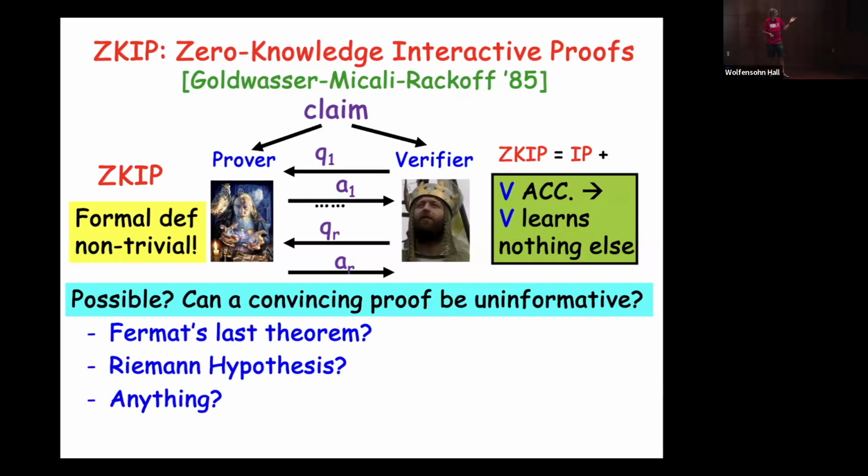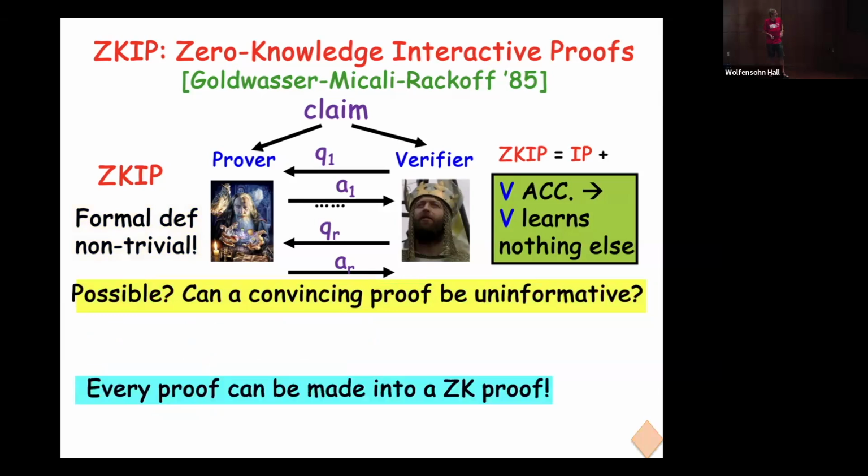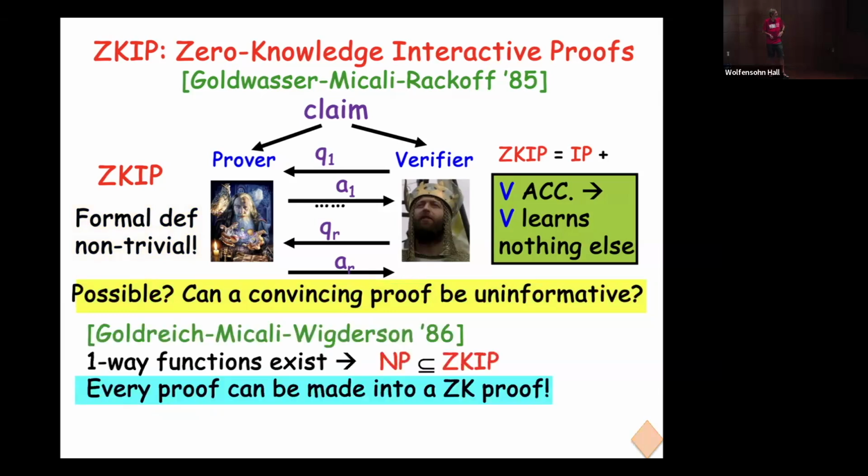Well, which theorems can be proven in zero knowledge? That's what they ask. They give a couple of number theoretic examples, and they ask what else can be proven in zero knowledge. And what we did a year later with Goldreich and Micali proved that everything is provable in zero knowledge.